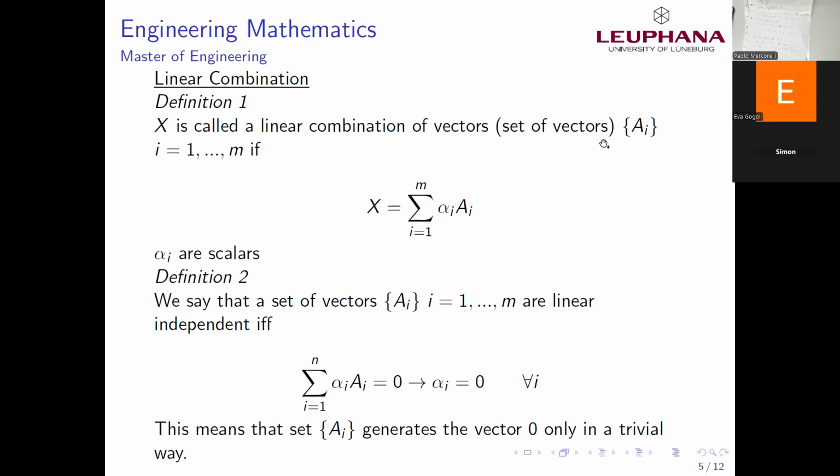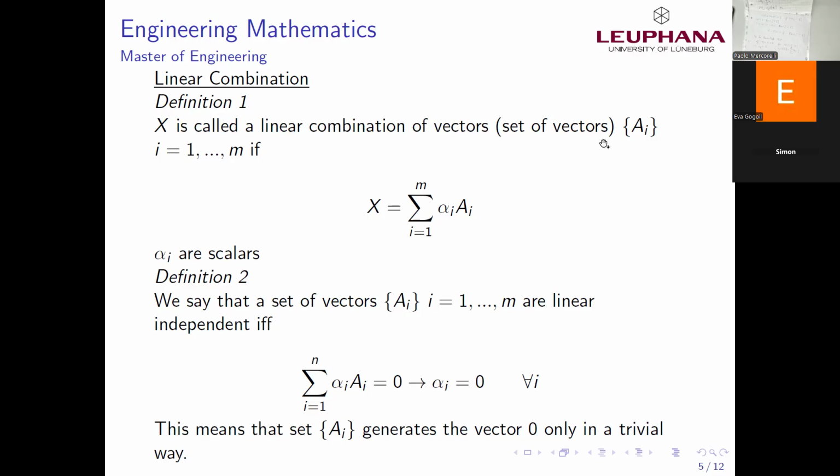This is the set of these vectors. Please remember, if in a definition means if and only if. This means if X equals the sum of alpha_i times A_i, from i starting from 1 to m, in which alpha_i are scalars, we say X is a linear combination if there exist scalars alpha_i. Let me say it easily.